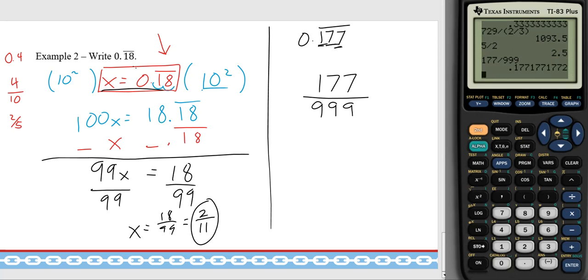I can even go a step easier than that. If I want to turn 0.74 repeating into a fraction, I can simply have my calculator do the work. Now it's important that I fill up the 0.74 repeating with at least one line of the repeating.